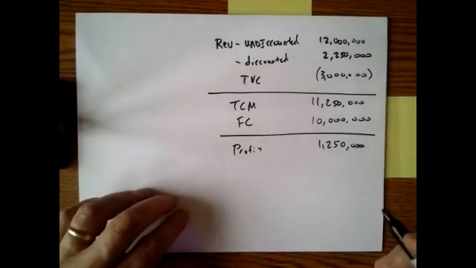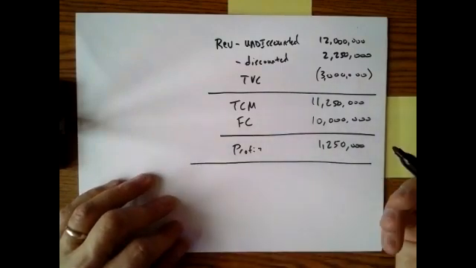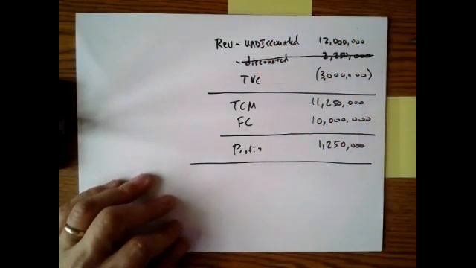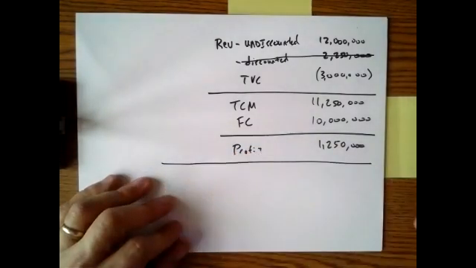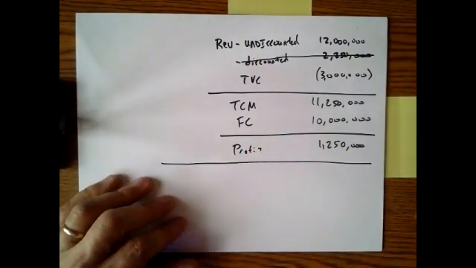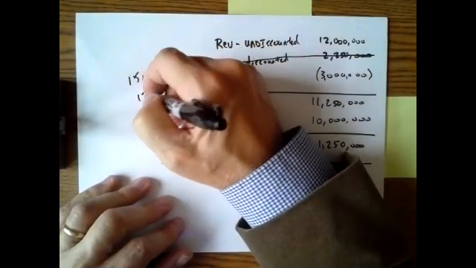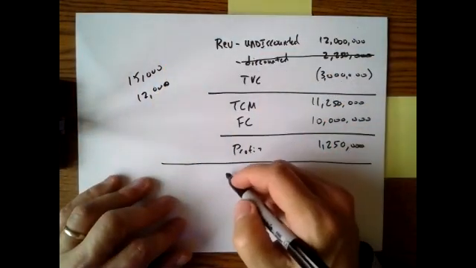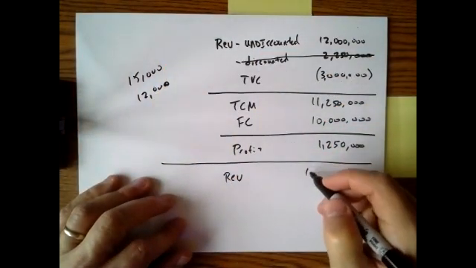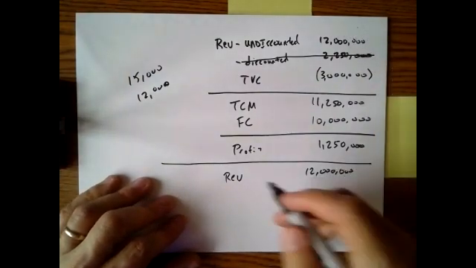Because if we lost the patients, let's think through that. This is not in the problem per se, but if we lost the patients, we would lose the discounted revenue, but we would also have a reduction in total variable costs. If we said no to the HMO, we would go from 15,000 patient days to 12,000 patient days. We would have revenue of 12 million because we'd be charging the remaining patients $1,000 a day.